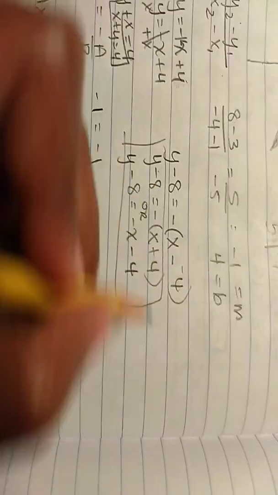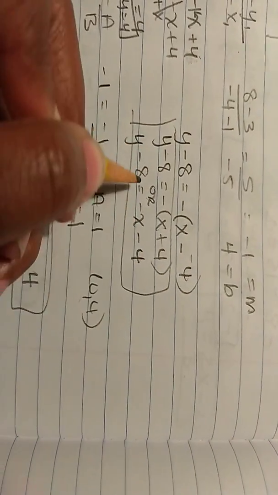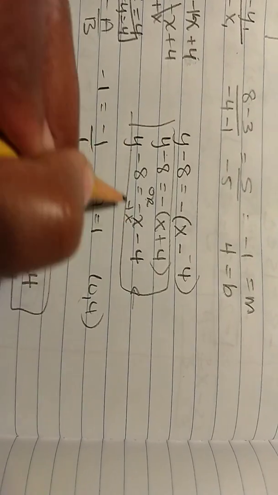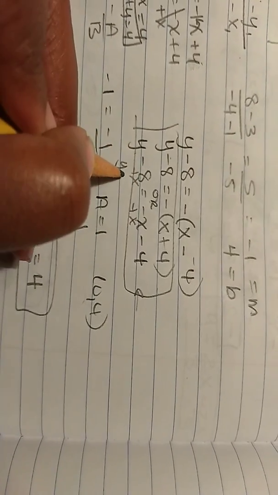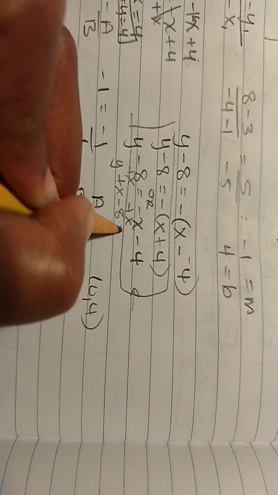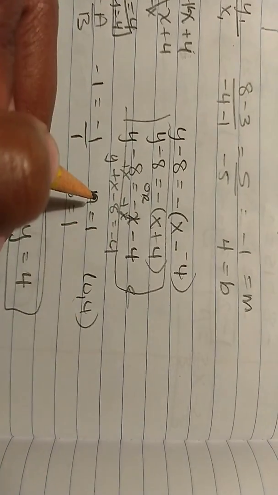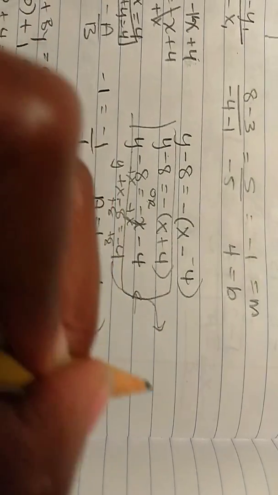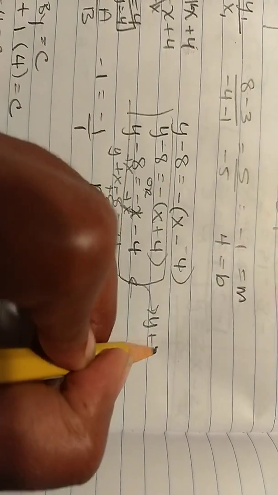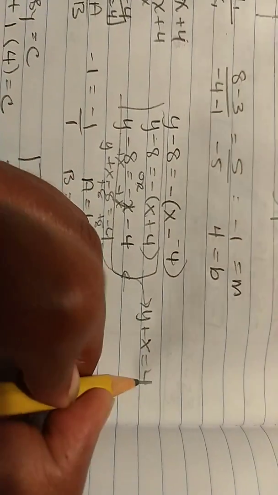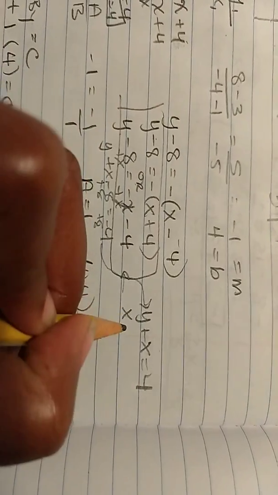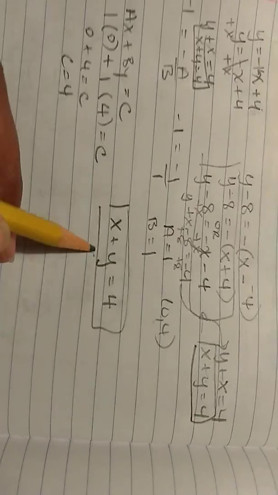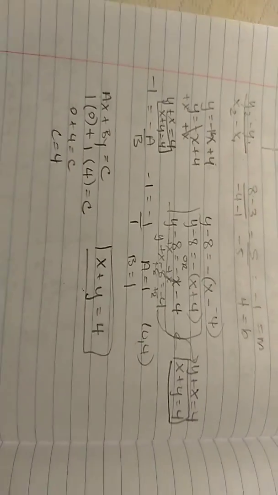If I had this one, let's just take it from here because that's simplified more. I need my x over there, so plus x. I get y plus x minus 8 equals negative 4. And then I'm going to add that 8 to both sides, and I get y plus x equals 4. And I want my x first, so x plus y equals 4. See? All the same. Hope that helps.